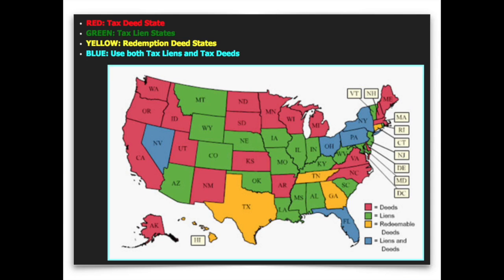Now, the blue are states that utilize both tax liens and tax deeds, which is actually something that we're seeing more common now than before. Even tax lien states that have never traditionally dealt with foreclosures much in the past are now beginning to foreclose on property and offer them at sales. So we're seeing even tax lien states that offer up property as well.